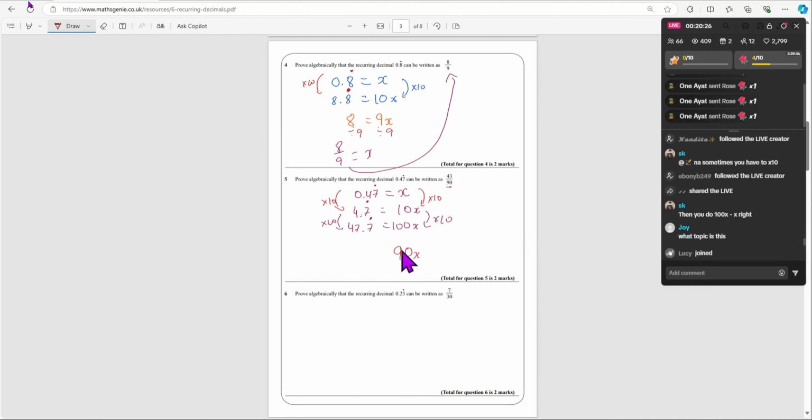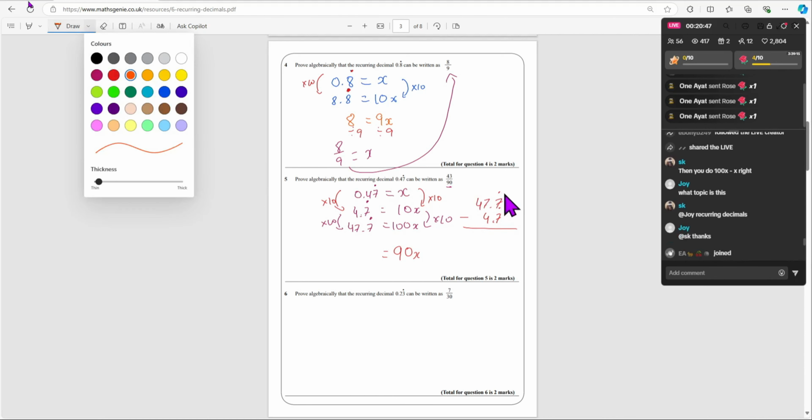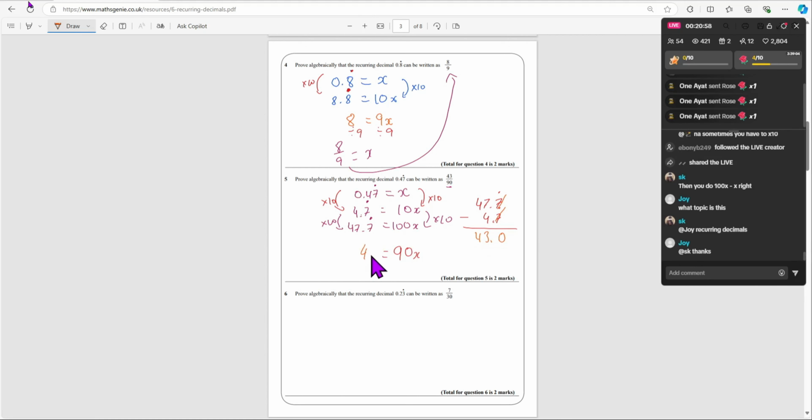To get 90x, we subtract 4.7 recurring from 47.7 recurring. The recurring parts cancel to 0, and we get 43. So we know that 90x is equal to 43.